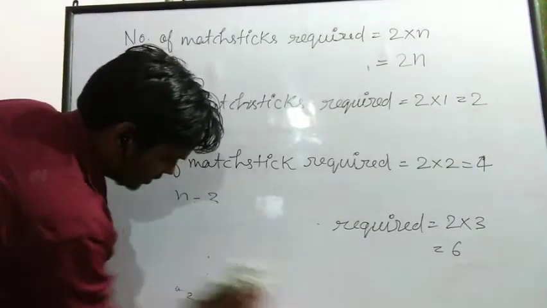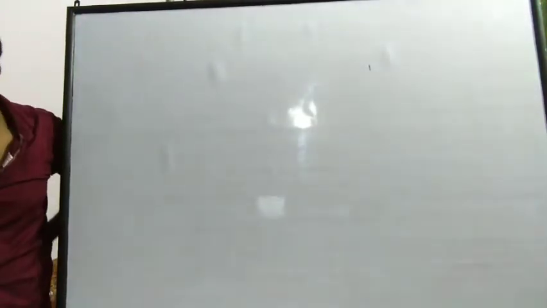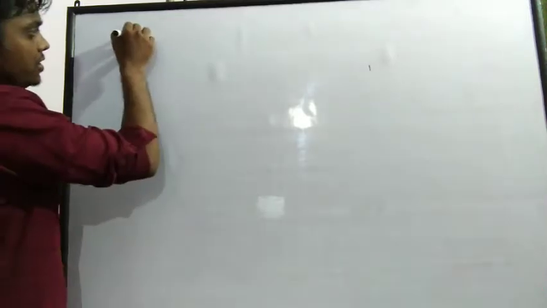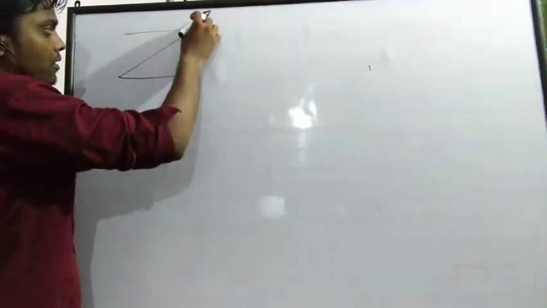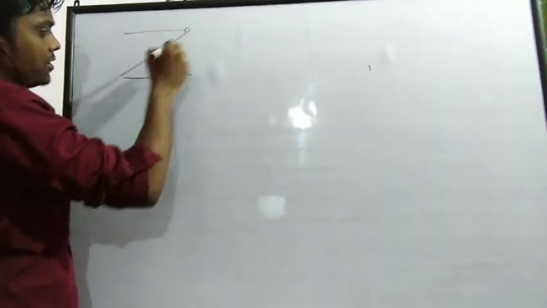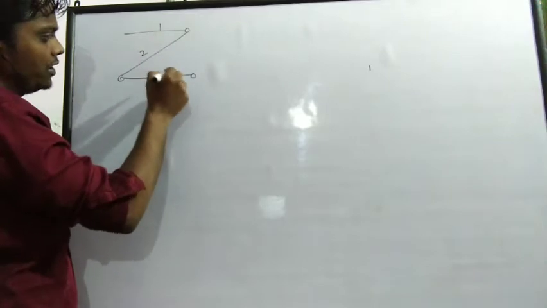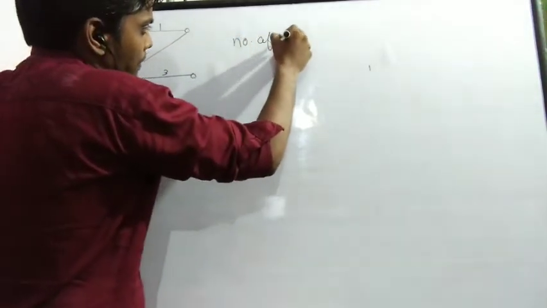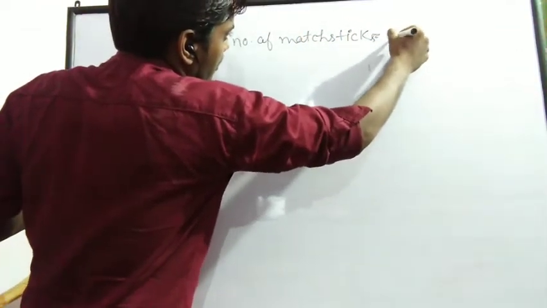Question number one: find the rule which gives the number of matchsticks required to make the following patterns. The pattern of Z. See, this one is the Z. How many matchsticks are required to form one Z? 1 matchstick, 2 matchsticks, 3 matchsticks. So the number of matchsticks is 3.